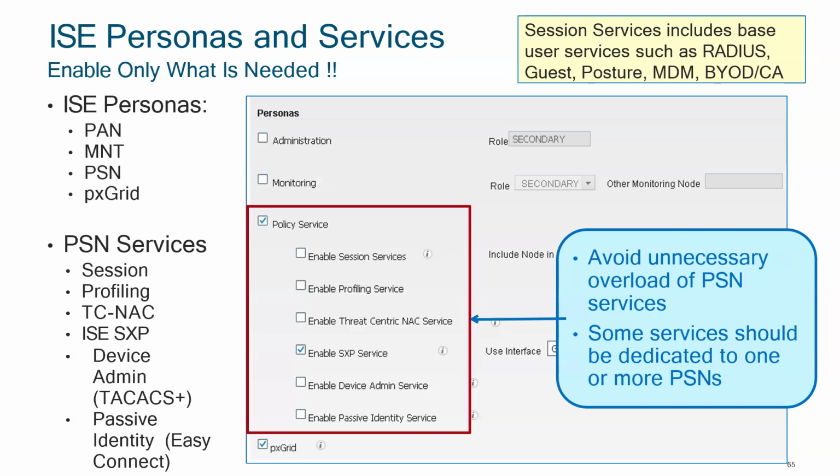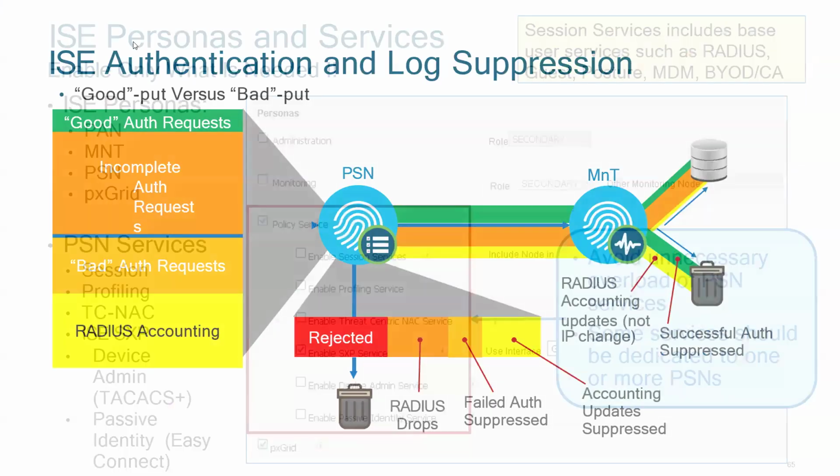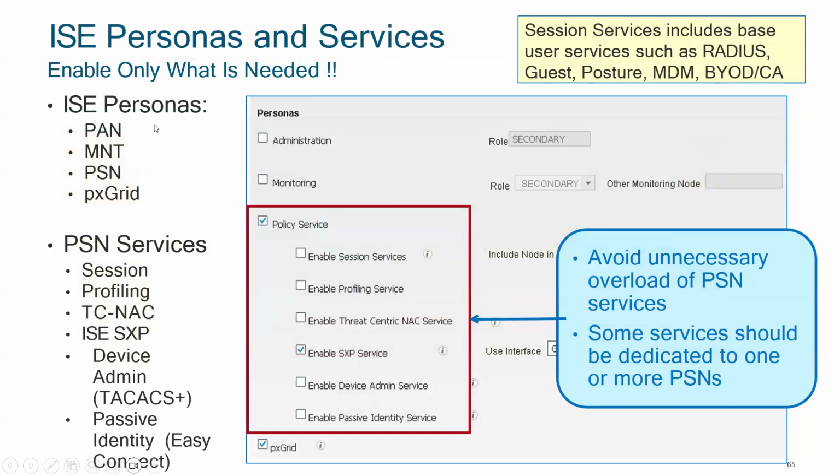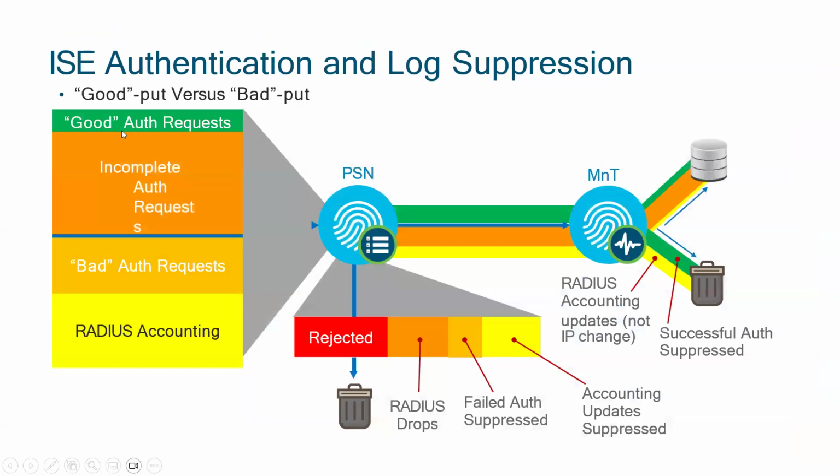Then what's the next piece? The next piece is that we have to build the policy. Right? Policy is one of the key things that we should learn within the ISE. So here you can see that the first time you bring it up, you have to enable different types of personas. Now it may be within the device, or it may be distributed. Obviously in the enterprise, we put these in a distributed model.